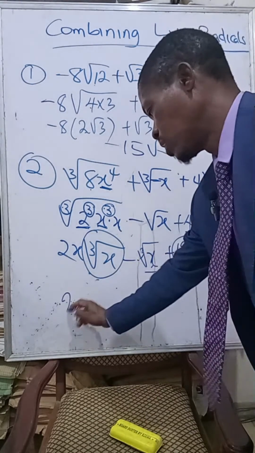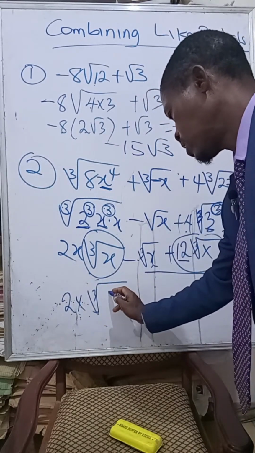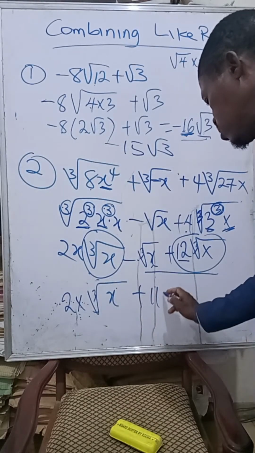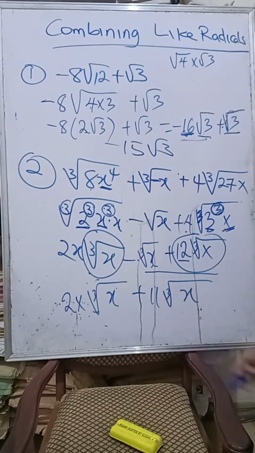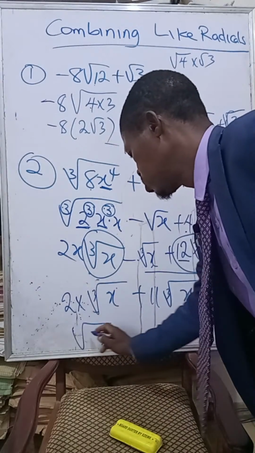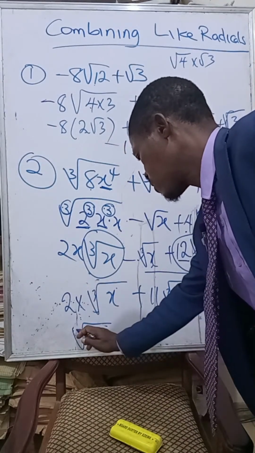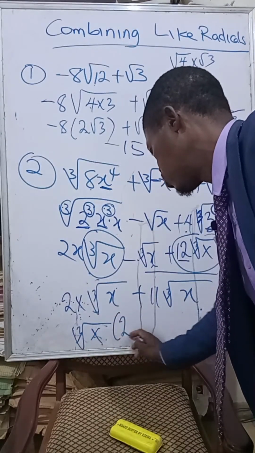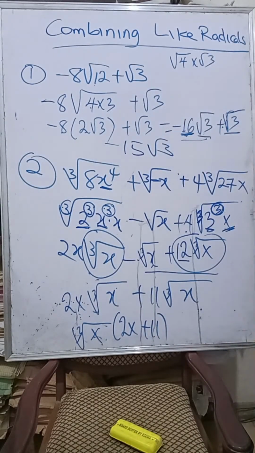So that will give us 2x cube root of x, plus 11 times this. Okay, final conclusion, you can factorize the cube roots. That will be equal to 2x plus 11 times the cube root of x.